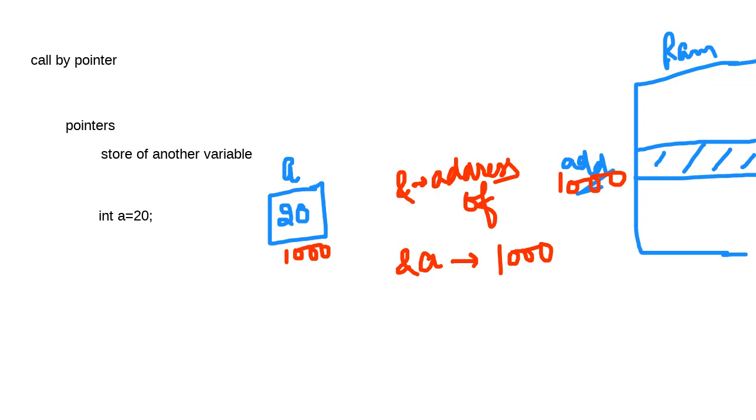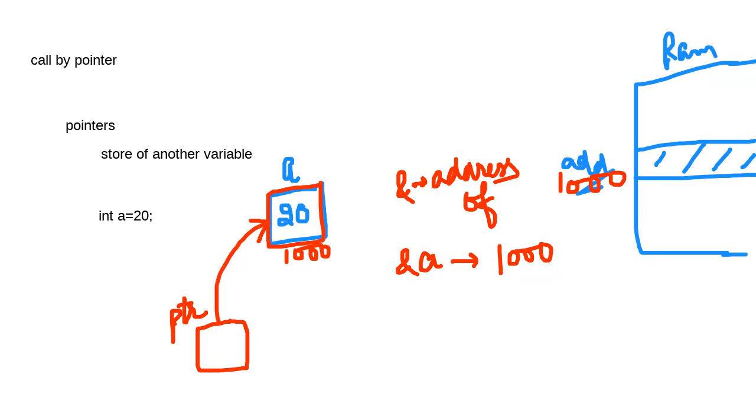Now, another scenario is I need another variable. Let me say the name of the variable is ptr. I want to access this memory location, which is a, with the help of this ptr variable.